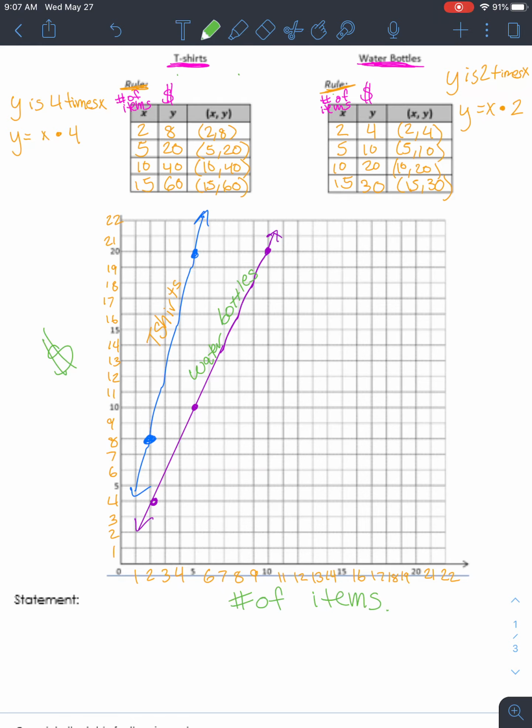To make my statement, I'm mostly going to be comparing the tables though. And I'm going to compare when they have the same number of items and how much money they're going to spend. So let's get started on that statement.